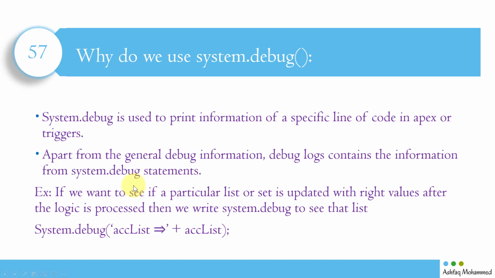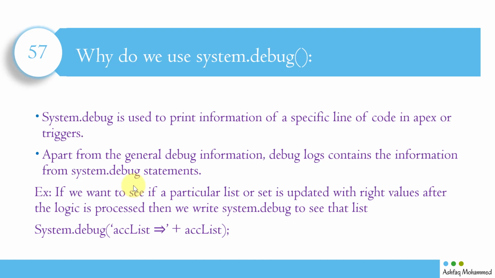Why? Because when you get an issue in production, you will not get an opportunity to edit that class. You cannot edit the class in production to write system.debug and see what is happening with this list, whether this list is filling or not, why my list is coming null, and all those things.